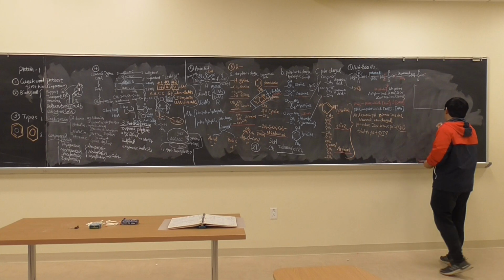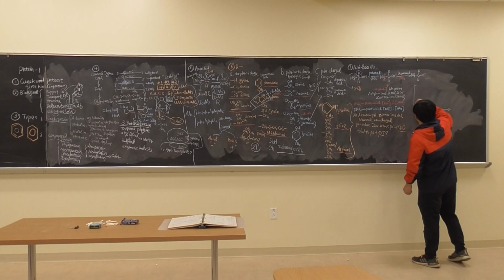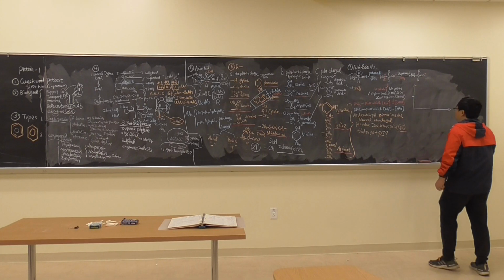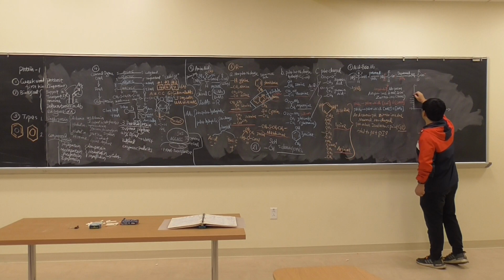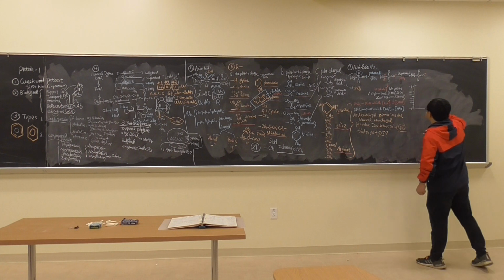On the y-axis we separate them into two directions. Going this direction we have 0.1, 0.2, 0.3, up to 0.9. Going to the top we have 0.1, 0.2, up to 0.9.